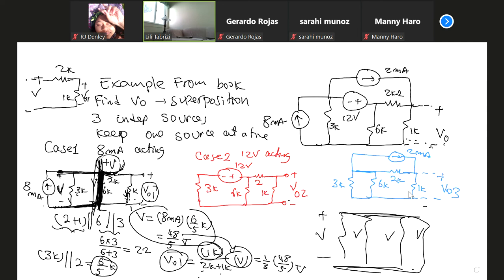But I want to emphasize, you have to know superposition in the future when you have multiple shape sources, when the sources are not consistent. Until chapter 8, we only cover DC sources. But after chapter 8, we have different shape voltages, different forms. So in that case, you have to use superposition.